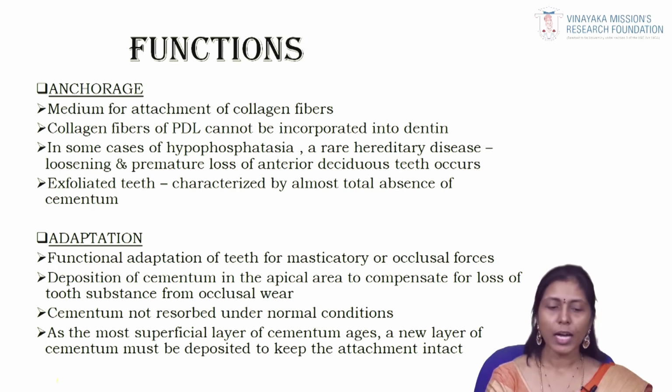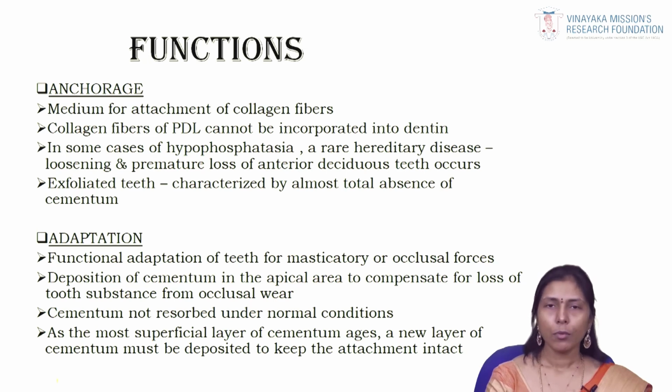To discuss the anchorage, cementum is going to provide a medium, we have already discussed that. So, it is going to provide a medium for the attachment of the collagen fibers. If there is an absence of cementum, then there is going to be only dentin, right. So, in case of absence of cementum, the periodontal ligament fibers or the collagen fibers will not get incorporated into the dentin.